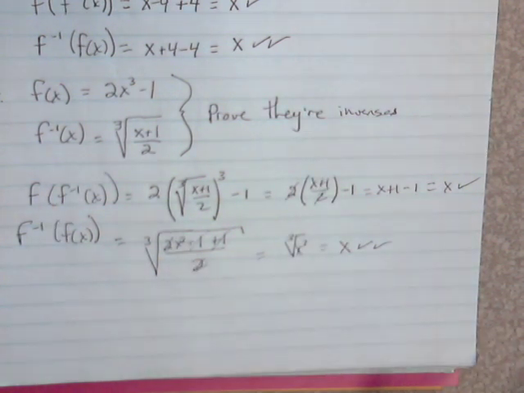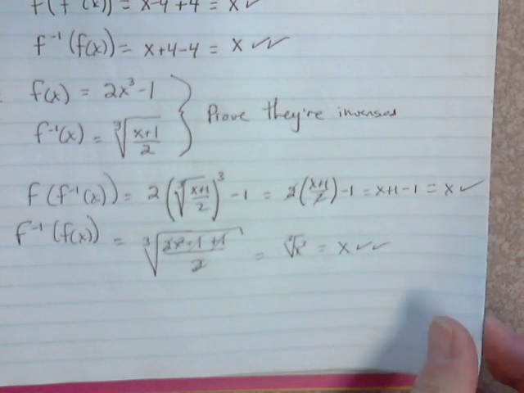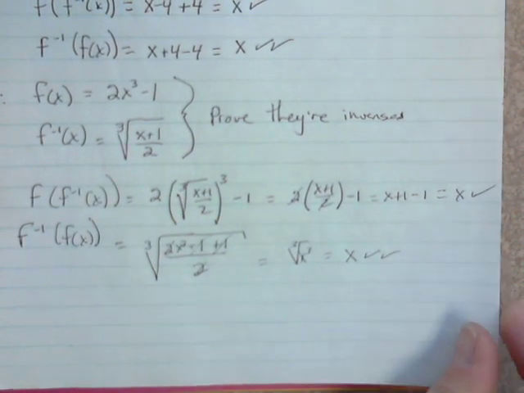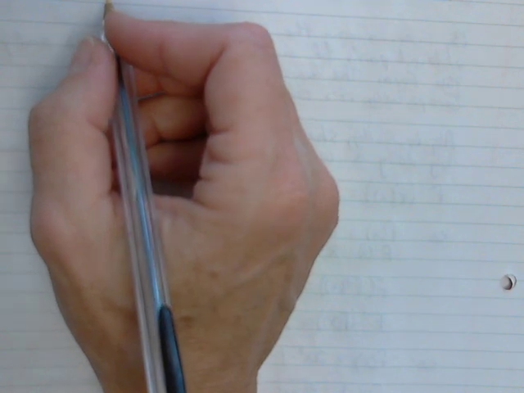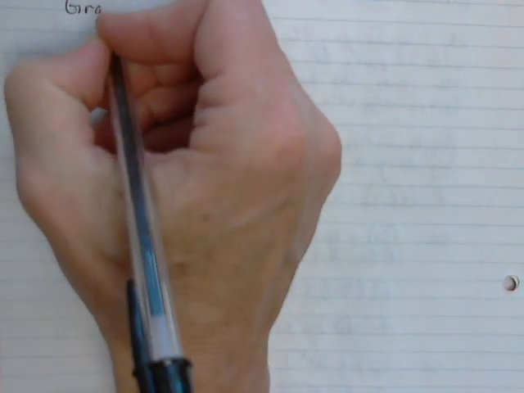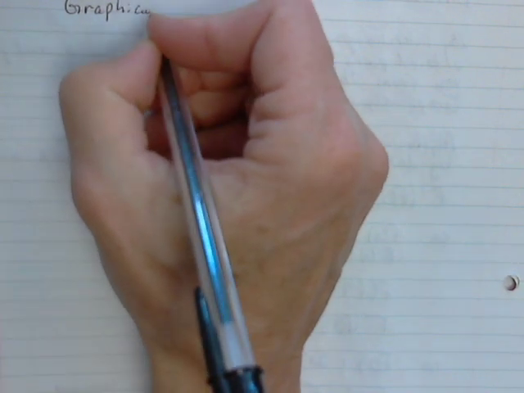So that's the algebraic way of proving two functions are inverses of each other. And graphically, if you want to show that they're inverses, you just want to show that for every xy pair in the original function, there's a yx pair in the inverse function. So that's the graphical proof.